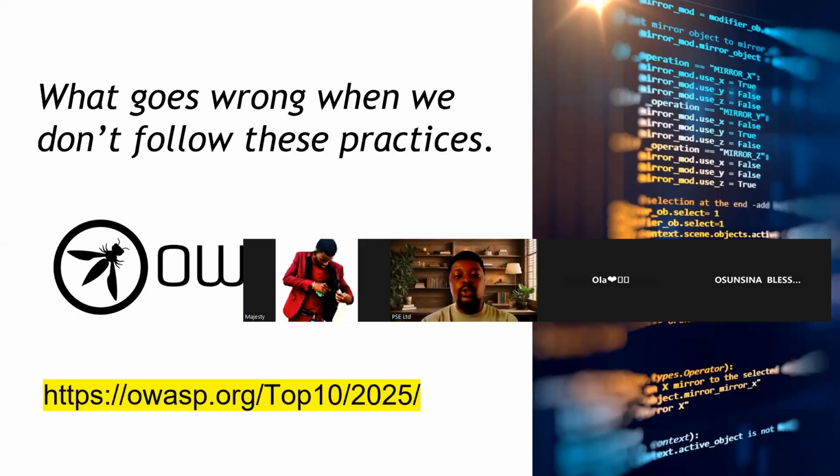So you need to go back to OWASP Top 10. Everybody, you can go back to your browser and search OWASP Top 10. Once you search, you'll be able to see all the top 10 vulnerabilities, their lists, and what they really mean.